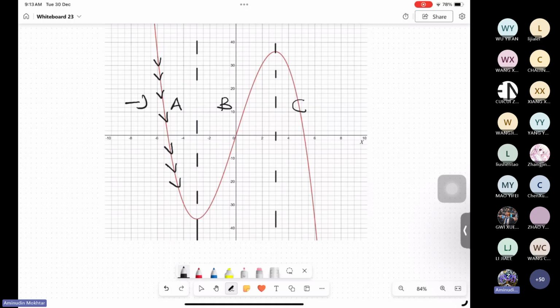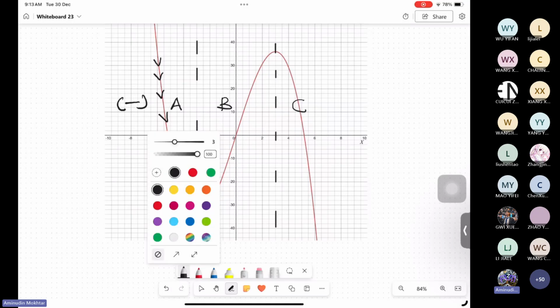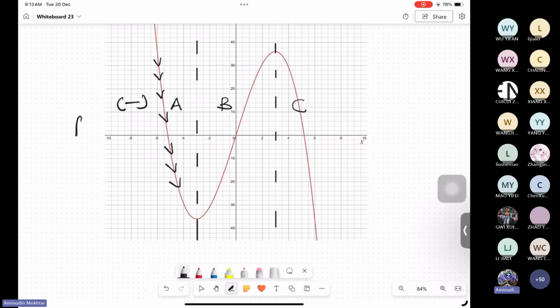The first derivative, the slope, is also negative for area A. And then for area B, as the value of x increases, the value of y also increases. There is a positive relationship between y and x. X increases, y also increases.